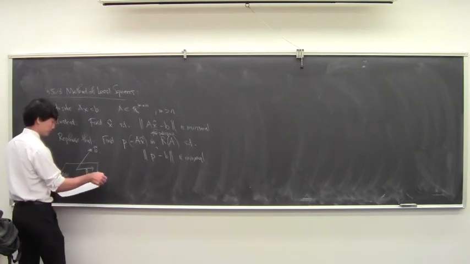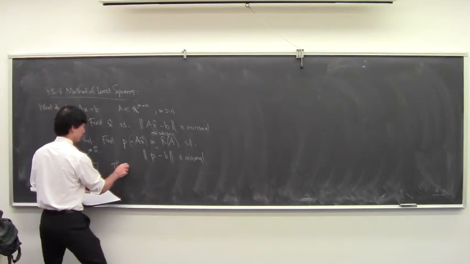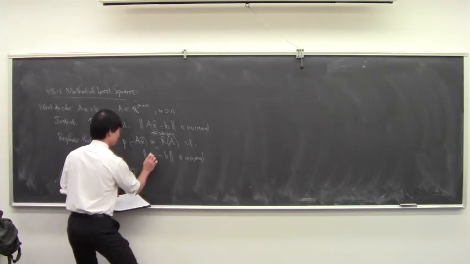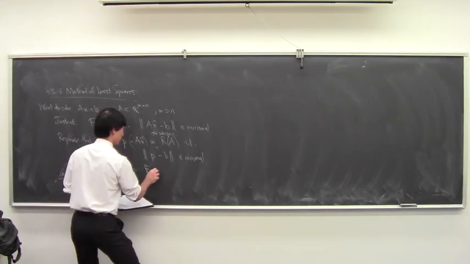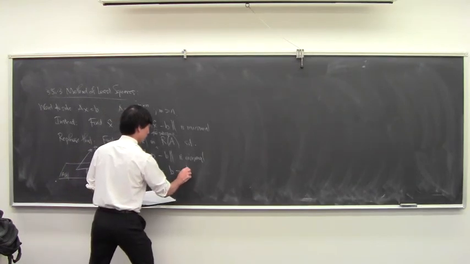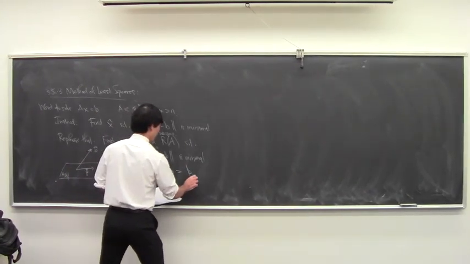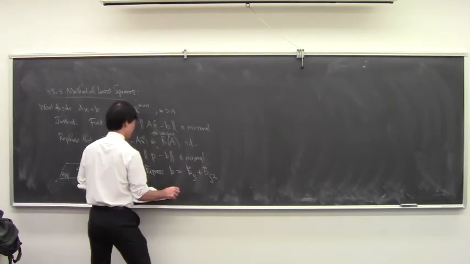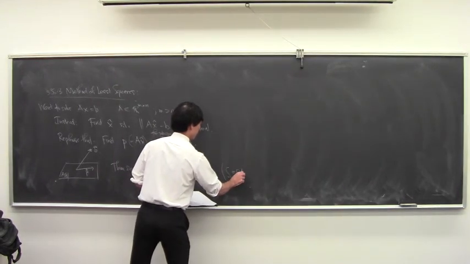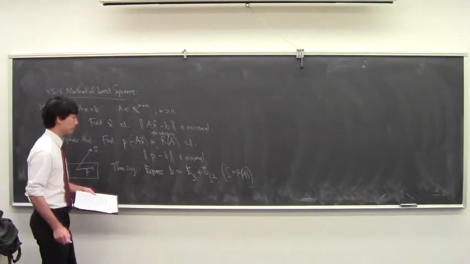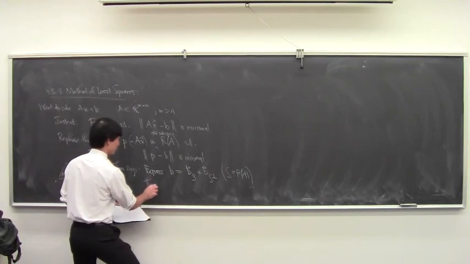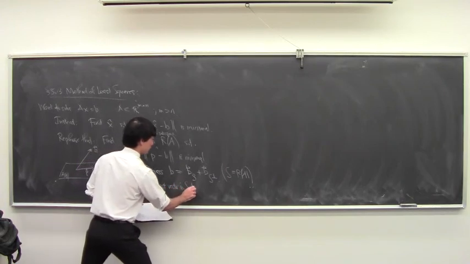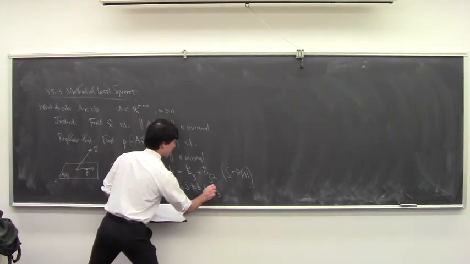So the theorem says: express b as b_S plus b_S perp, where in this case S is the range of A. Then the closest vector in S to b is b_S.